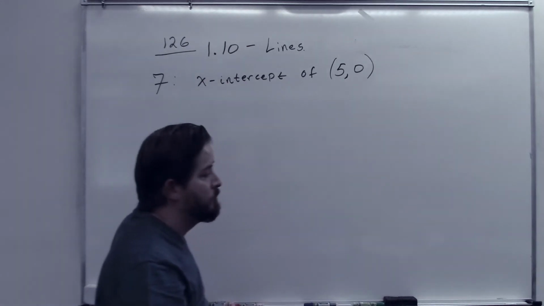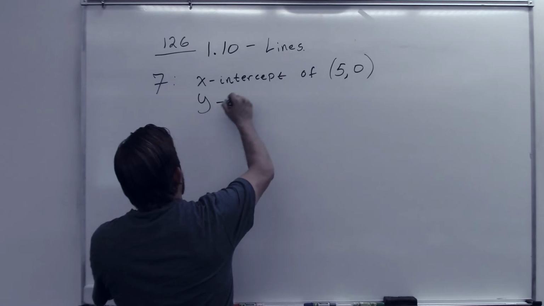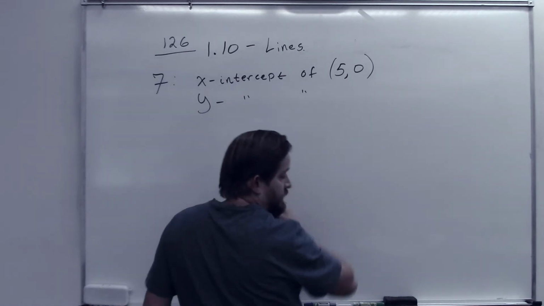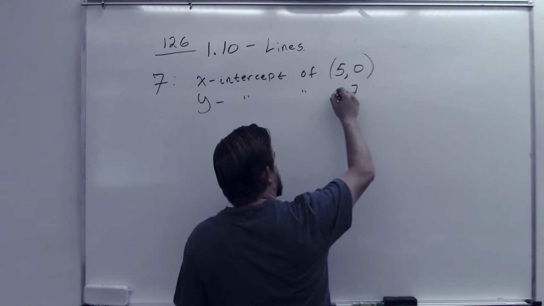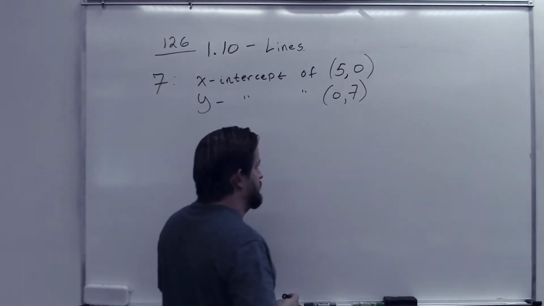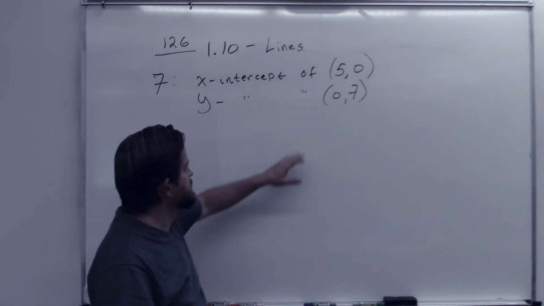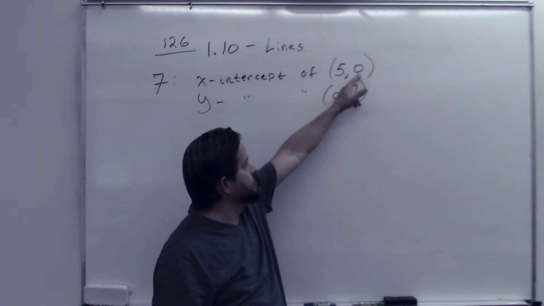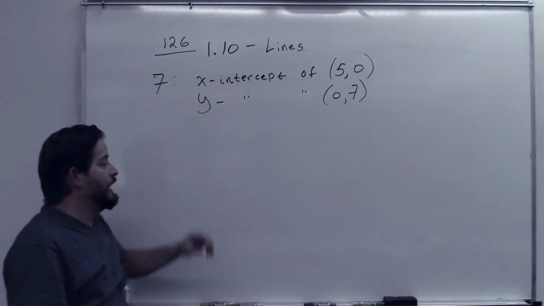And it has a y-intercept of 7, and if it's a y-intercept, then I have the point (0, 7), right? That's what it means for these things to be intercepts. An x-intercept happens when y is 0, a y-intercept happens when x is 0. So I have 2 points.